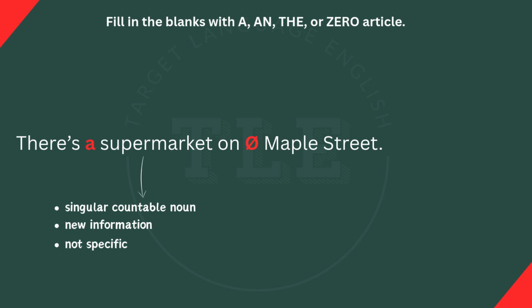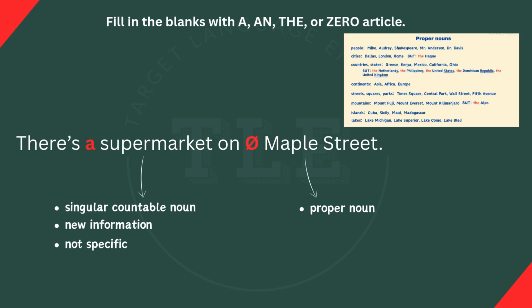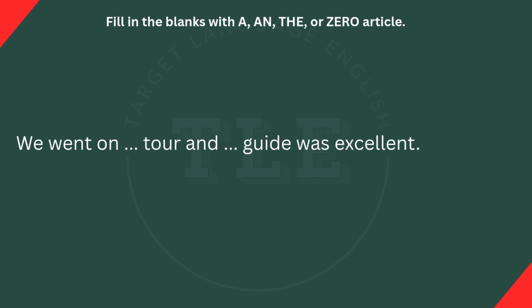The listener doesn't know which supermarket yet, and it's just one of possibly many supermarkets that could be on that street, so it takes the indefinite article a. Maple Street takes zero article. Street names are proper nouns, and proper nouns usually do not take an article, so we use the zero article in our example. Let's see the next example.